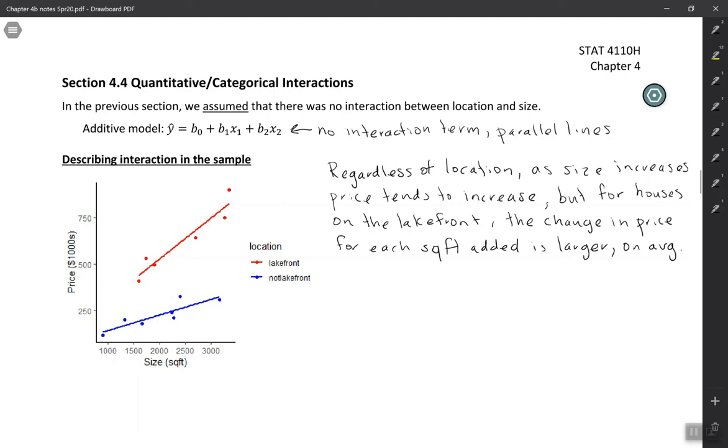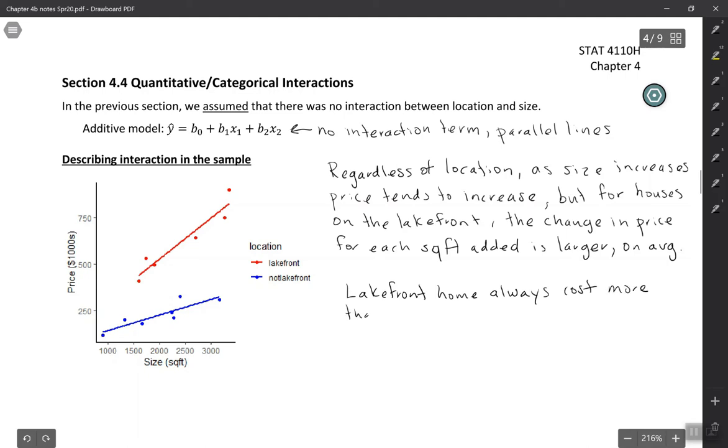The other way is that we could talk about the location effect. Again, we may want to start by pointing out that there is no cross in these lines, right? The lakefront homes always cost more than non-lakefront homes on average. We can see this because the lake houses, the red line, is higher than the blue line at all points.